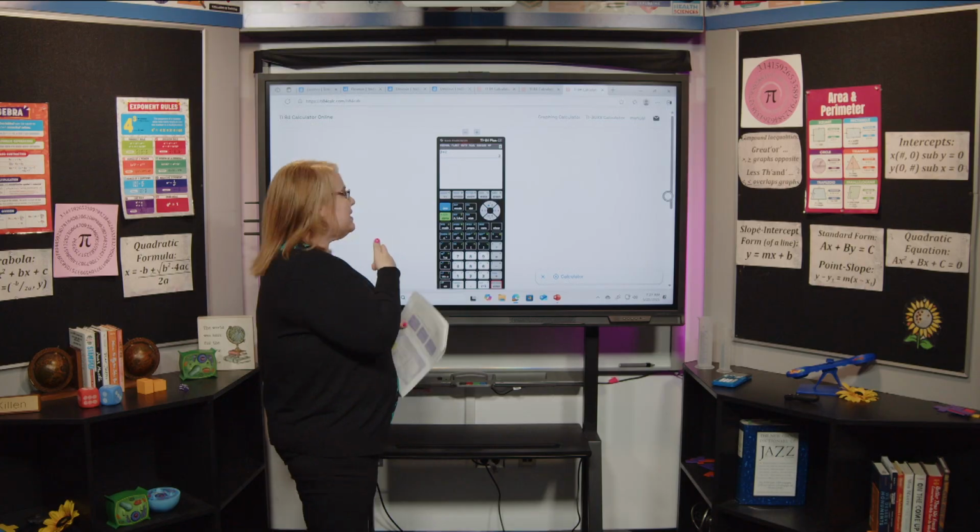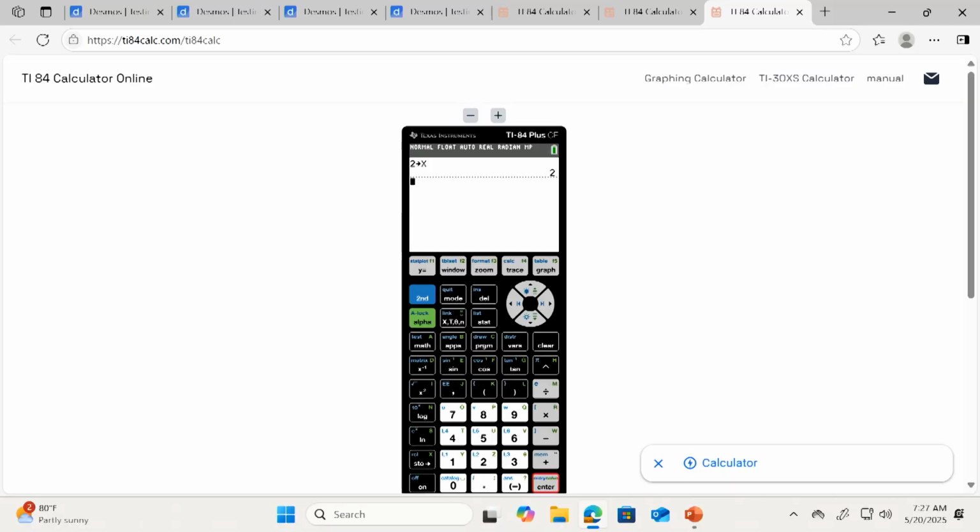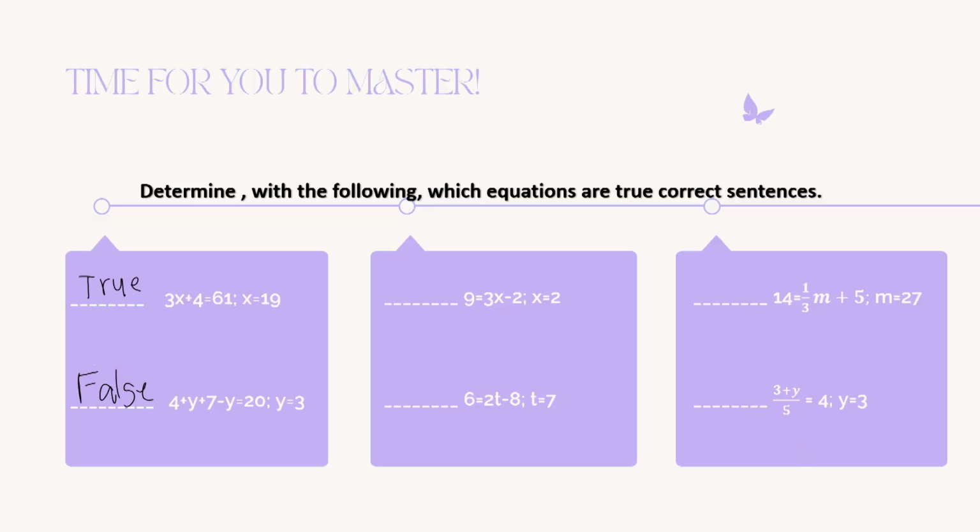So let's go ahead and put this in. My equation was 9 equals 3x minus 2. So I'm going to put in 3x minus 2 equals, and I have a 4. Well, on my paper, it says it's 9. So what can I say about this? This statement is false. All right, let's go to the next one.